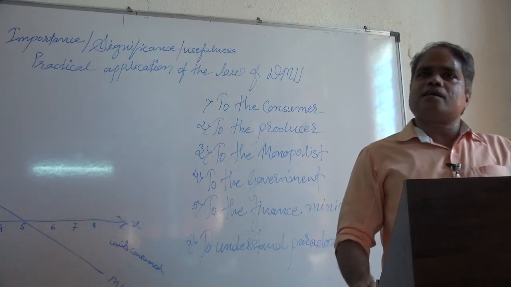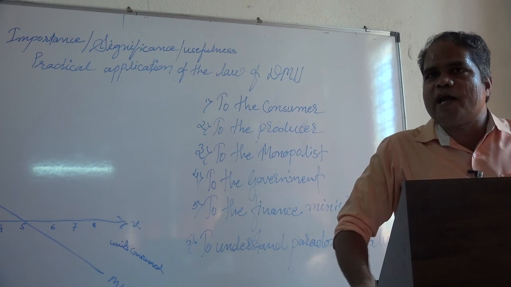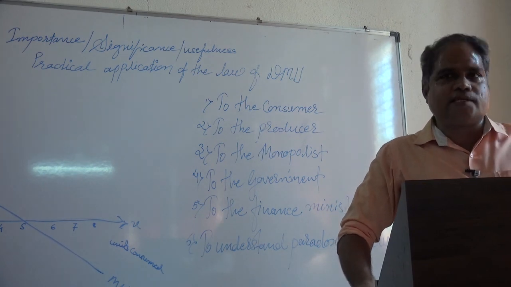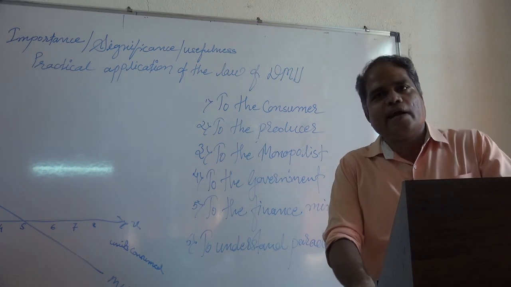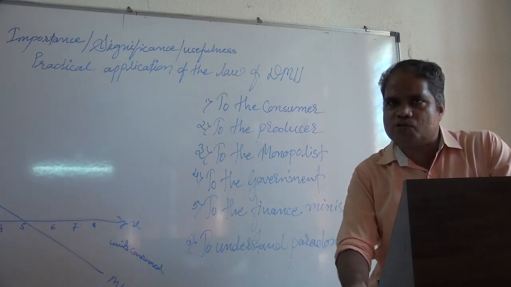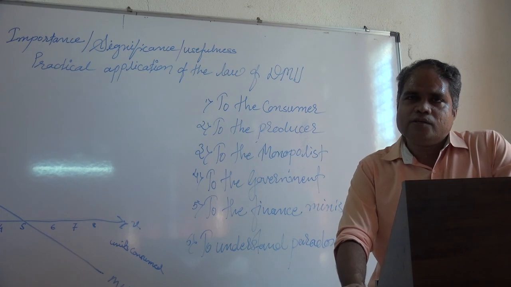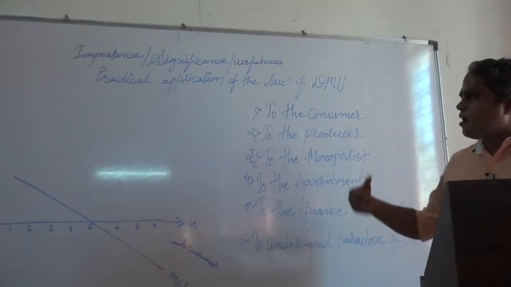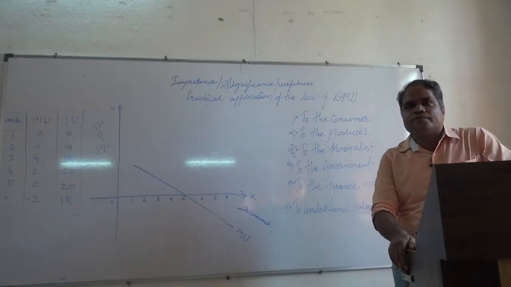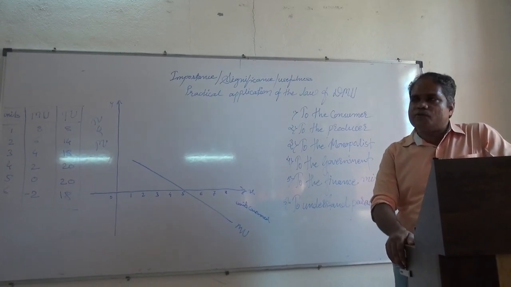It means there are certain goods with higher value in use but low value in exchange, and certain goods with higher value in exchange but lower value in use, for example diamond. This paradox we can understand with the explanation of the law of diminishing marginal utility.